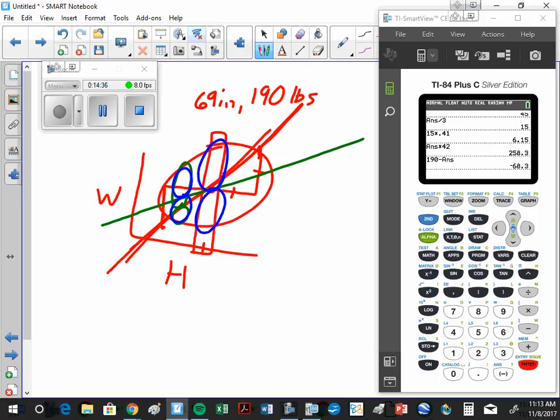So this is 10A. Okay, 10A. The answer says, think of the scatter diagram for the heights and weights of all the men.